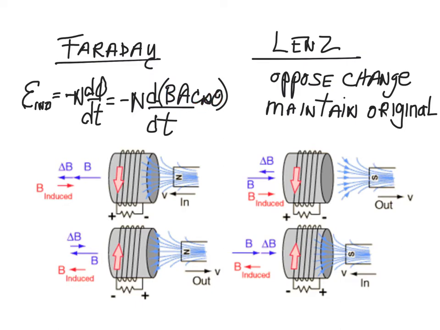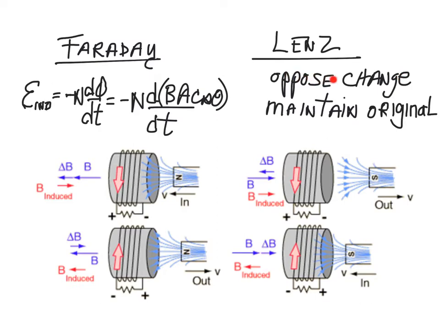And so by varying the field or the area of the coil or the angle of the coil, you can induce an EMF in a coil. And Lenz's law is the way that we get the direction. That's kind of an indication of this minus sign. The response always opposes the change.